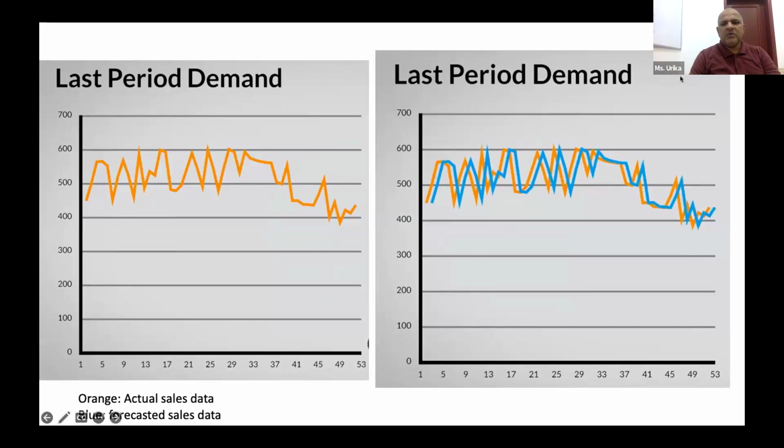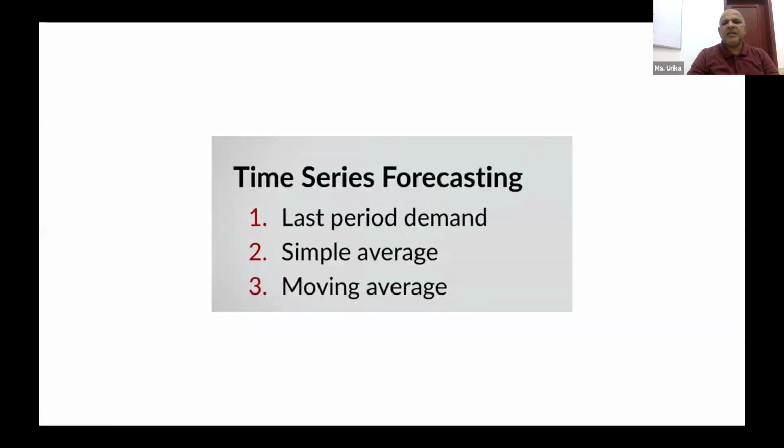Can you look at this? Now there are weeks, first to 53 weeks. If you look at that first week to 53 weeks, when you look at last year's sale, what are you going to do now? In the same time series, go for last period demand.